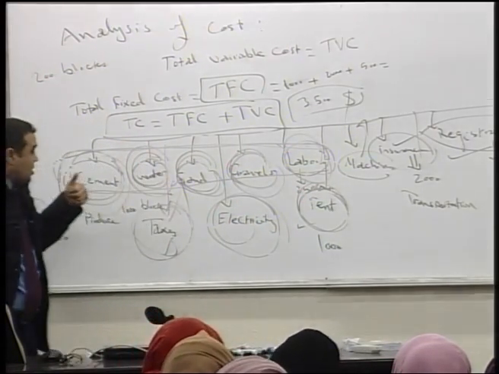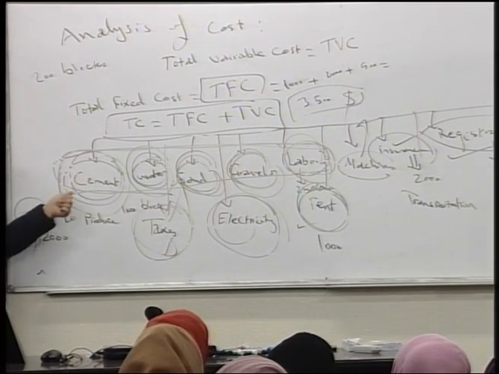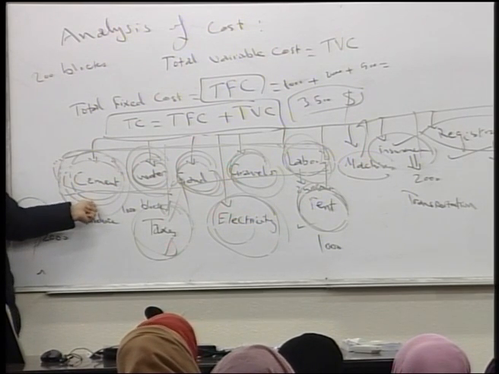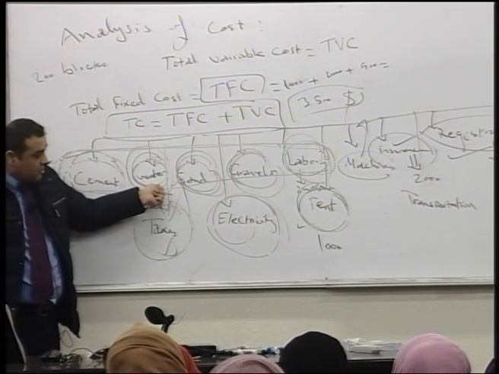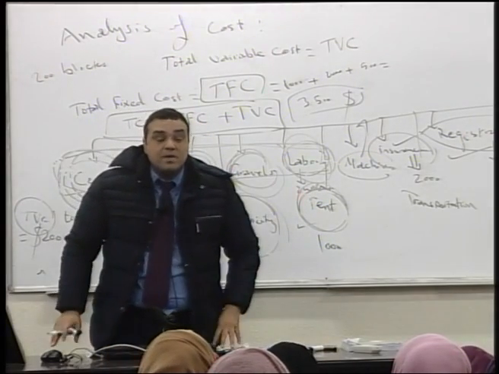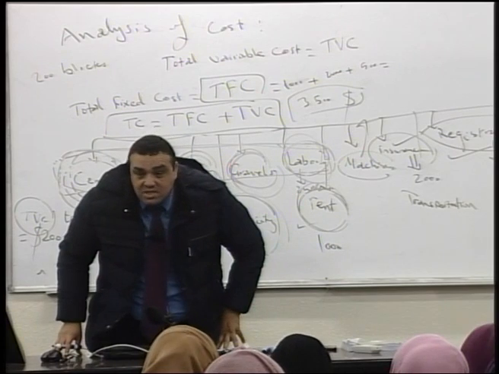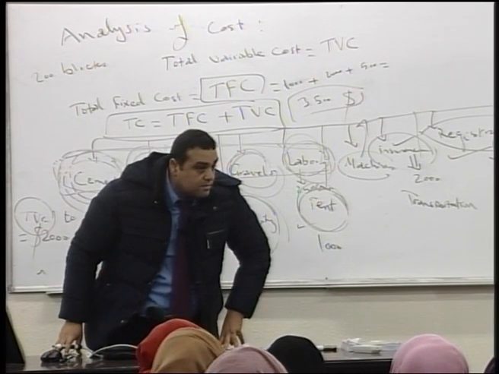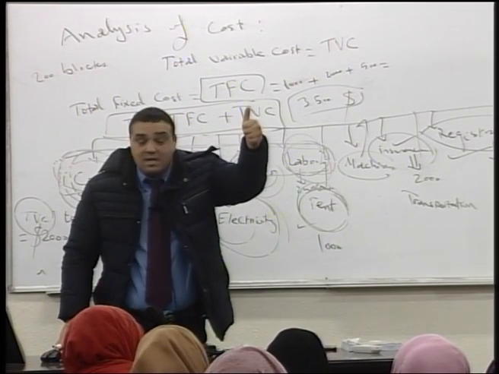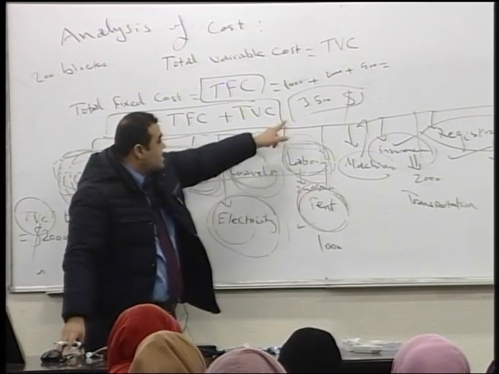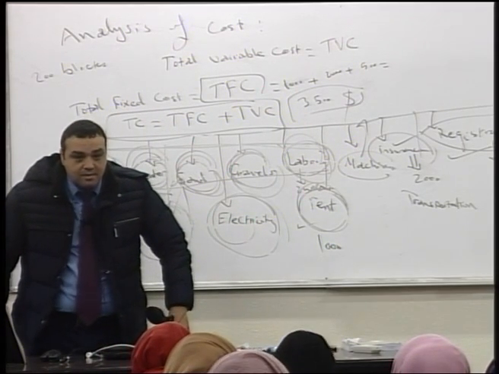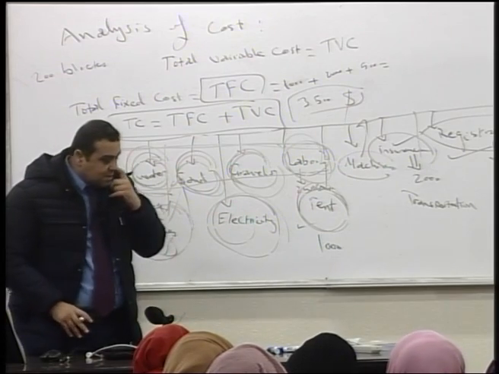No. To produce 0 blocks, the needed amount of cement equals 0, and the water and sand will also be 0. So at Q equals 0, total variable cost equals 0 as well. Right? But if we produce 0 quantities of blocks, TFC equals $3,500. Right? Okay.